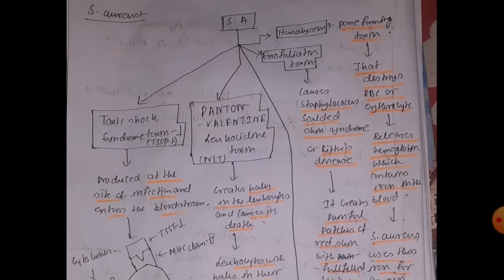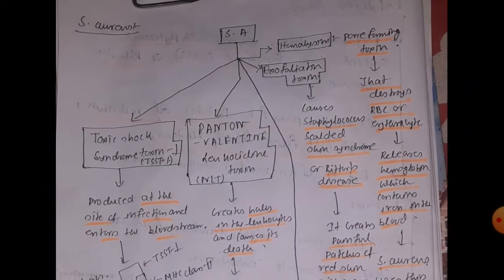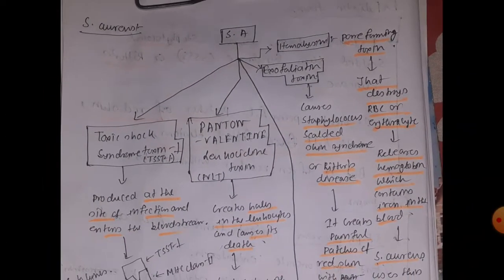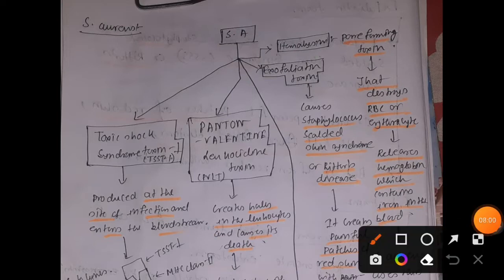So that is the 5 types of superantigens or toxins that are produced by Staphylococcus aureus. First one is toxic shock syndrome toxin, which causes toxic shock syndrome by binding with the MHC class 2 molecule and facilitating the creation of a cytokine storm. The second one is Panton-Valentine leukocidin toxin. This toxin will create pores in the cell membrane of the leukocyte.